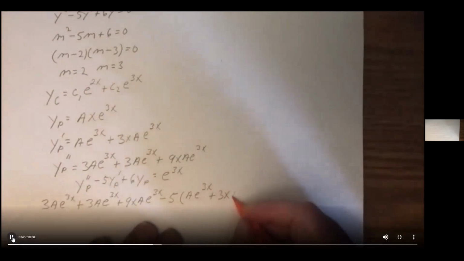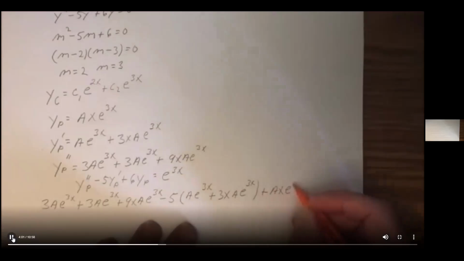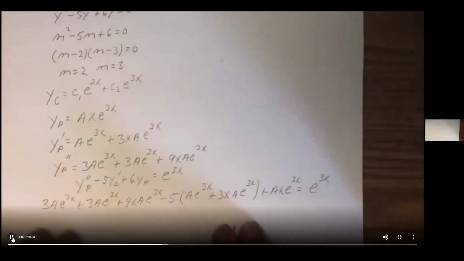Now here I've got a minus 5, and then that's times a e to the 3x, plus 3x a e to the 3x, and then I have plus a x e to the 3x, and that's all equal to e to the 3x, all right? Hopefully a bunch of things are going to cancel out here.